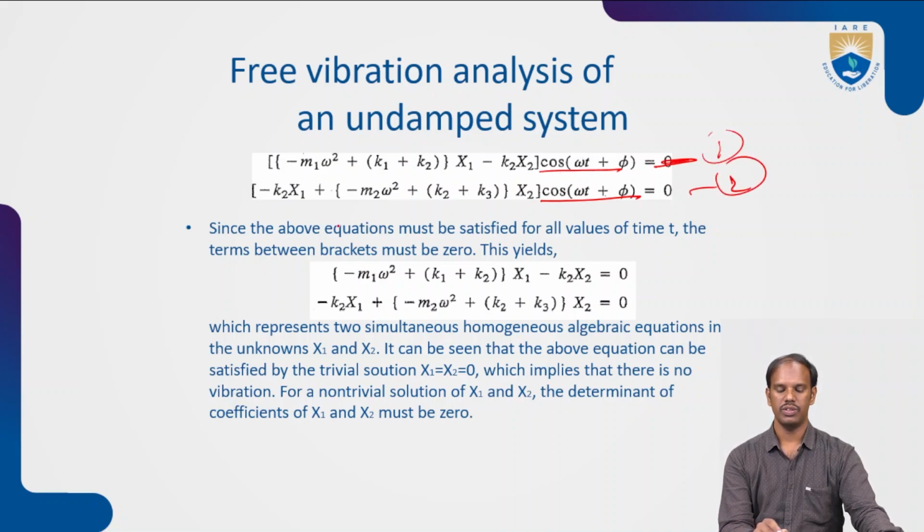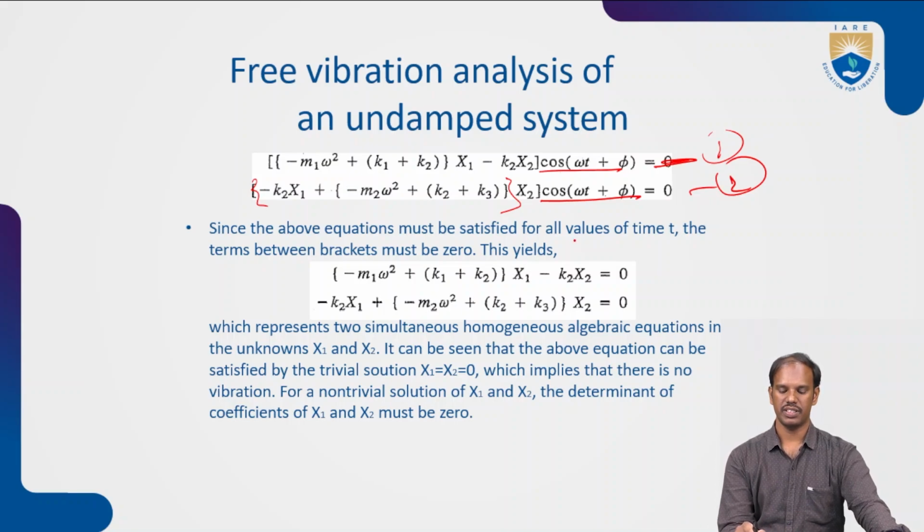Equation 2 is the same thing, with the same phase angle and natural frequency. So here it will be minus k2 of x1 plus minus m2 omega square plus k1 plus k2 of x2, times cos of omega t plus phi, which is equation 2.